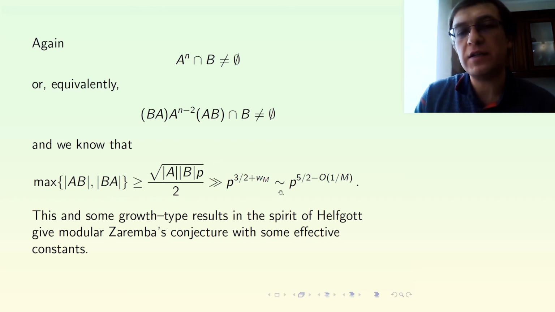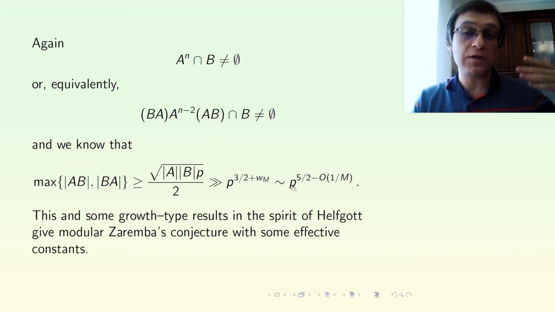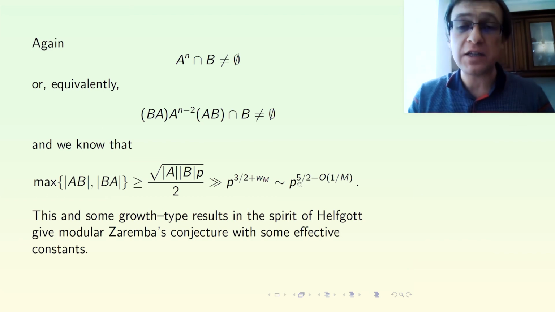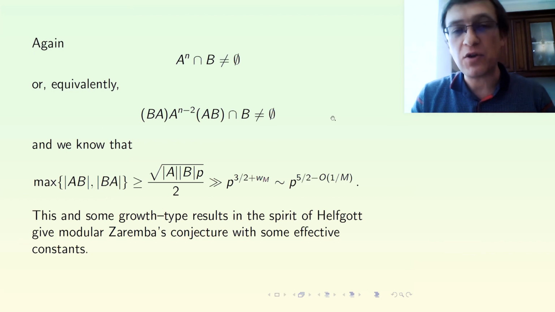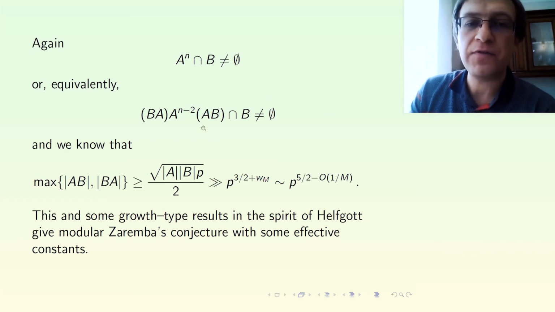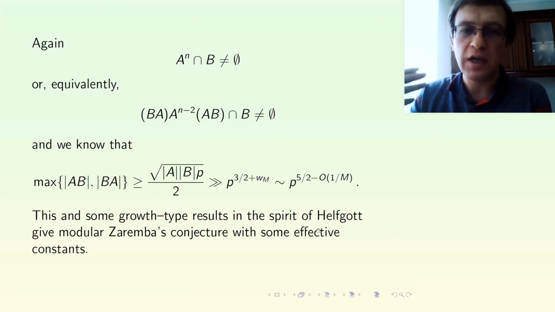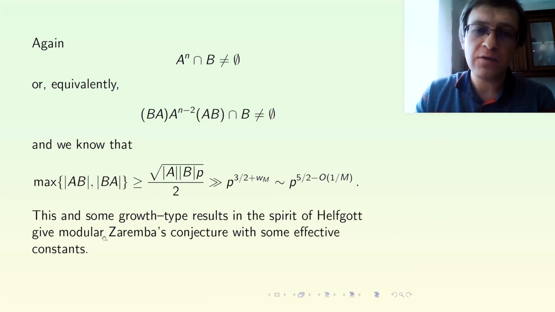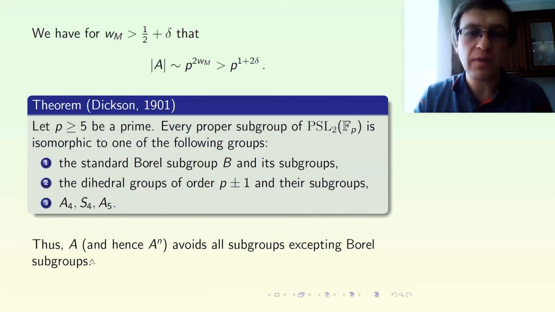Then it means that one of these sets has size P to the 5 over 2, which is much larger than the size of my original set A. So I have growth. And if you say something about this set A to the N using the Helfgott result on growth in SL2, then you will obtain the modular Zaremba's conjecture.